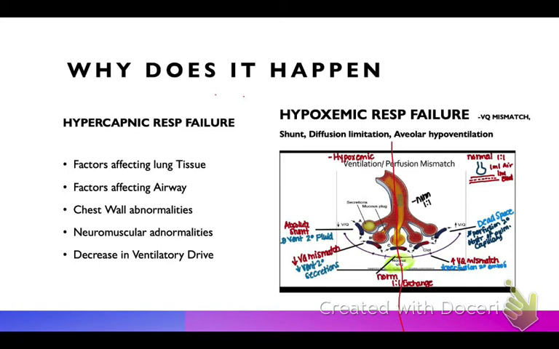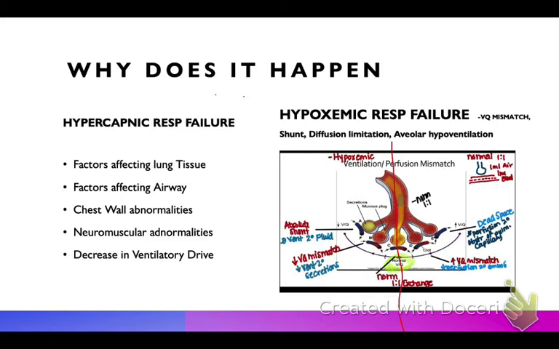They're just breathing very shallow. They're not breathing very well. So that's your hypercapnic. And then your hypoxemic failure, I wanted to get this bigger. You've got a VQ mismatch. You could have a shunt, diffusion limitation, and even alveolar hypoventilation. Let's talk more about all that.